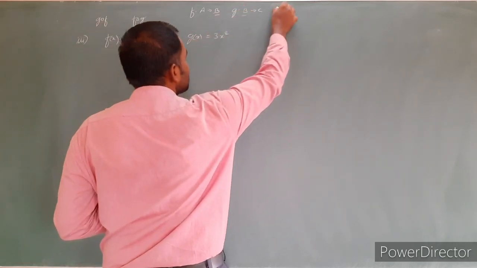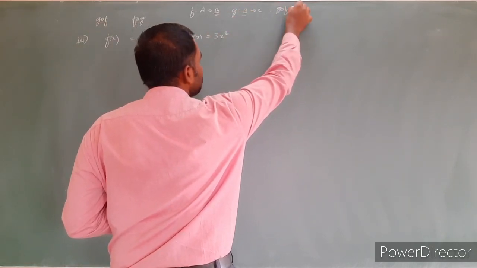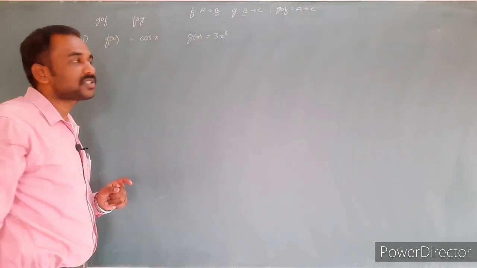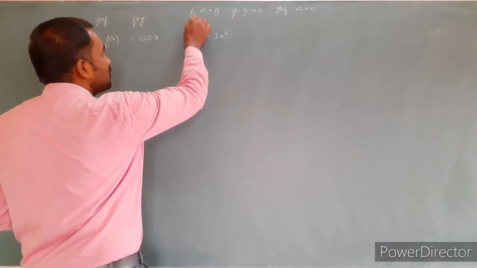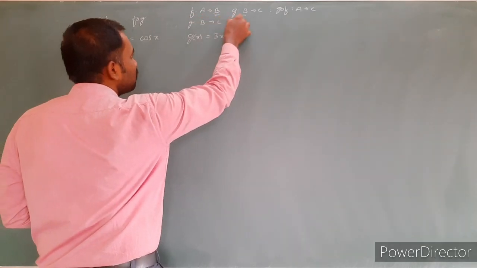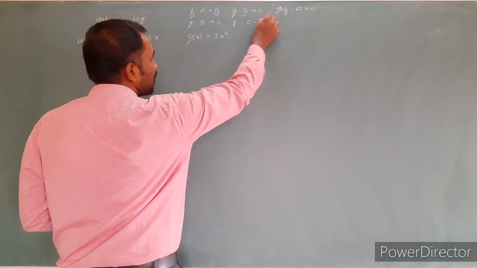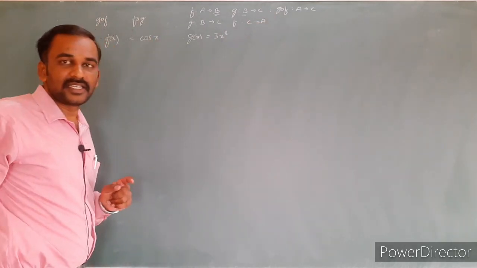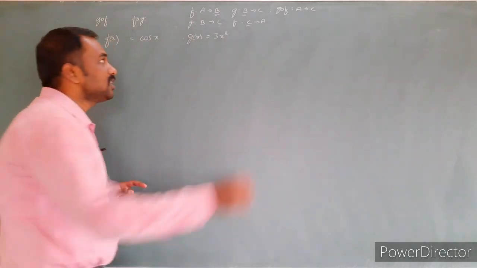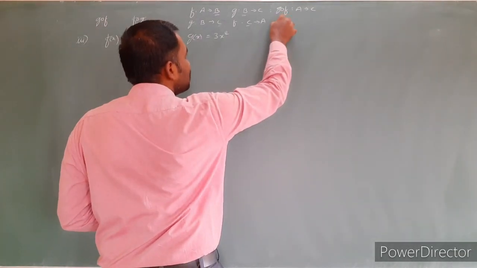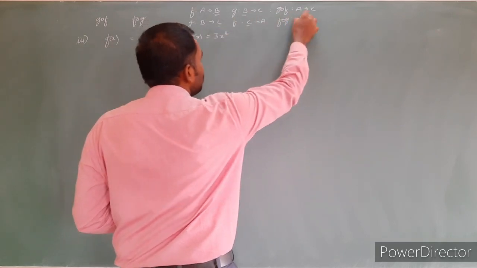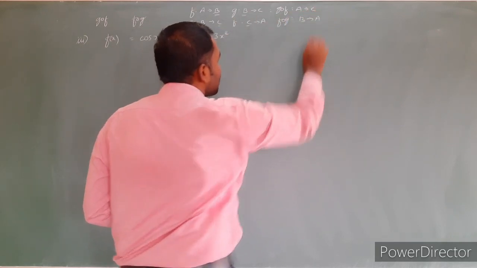In such a case, g∘f is a function from A into C. Similarly, g is a function from B into C and f is a function from C into another set A. Here the codomain of g and the domain of f must be the same. In such a case, f∘g is a function from B into A.